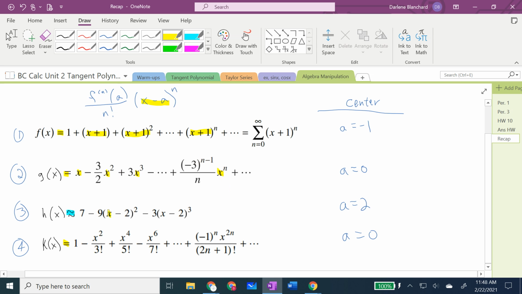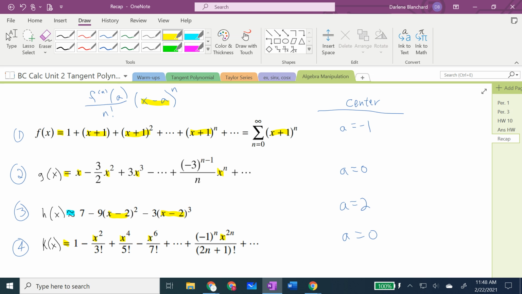And I'm trying to highlight an emphasis.